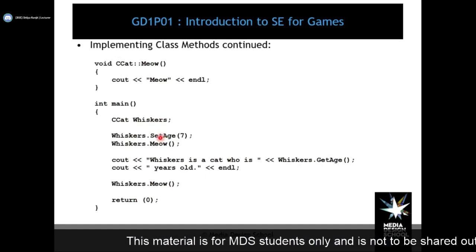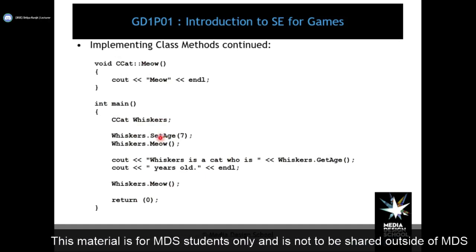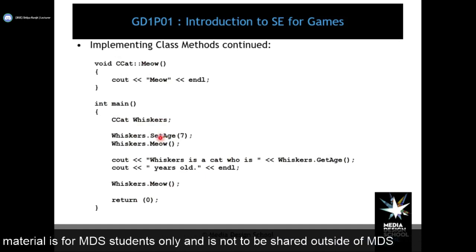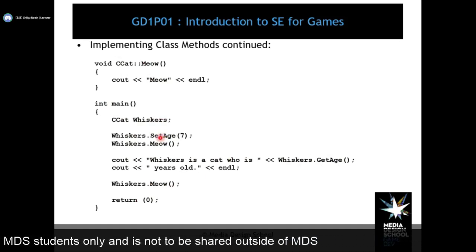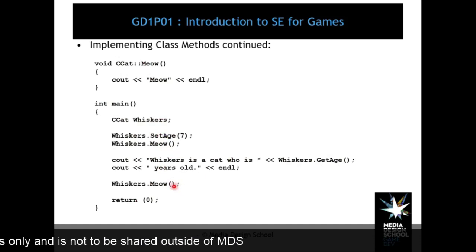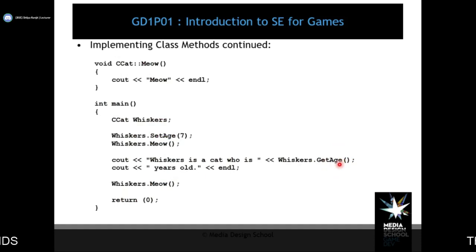So you set age to set the age of the whisker cat, and then you just call the meow function, or maybe the getAge function to get the value of the whiskers. All right. So that is how you access the members of the class.